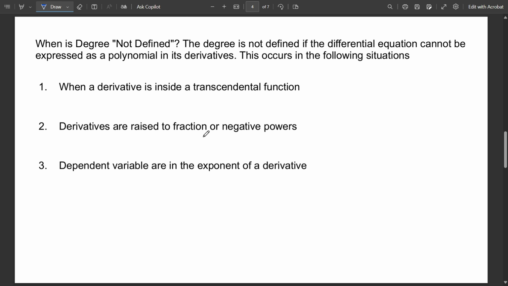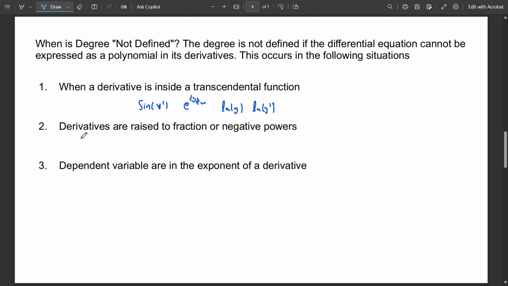A transcendental function is like sine of y prime, e to the dy by dx, ln of y, ln of y prime. This makes the degree of the differential equation not defined because these are transcendental functions.